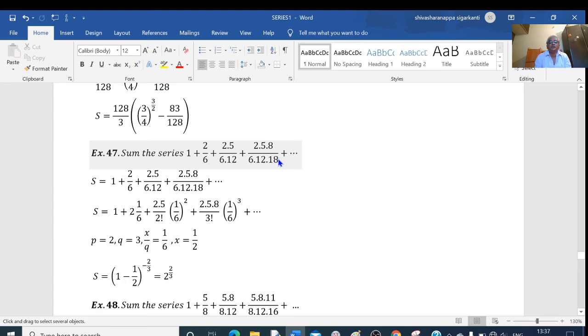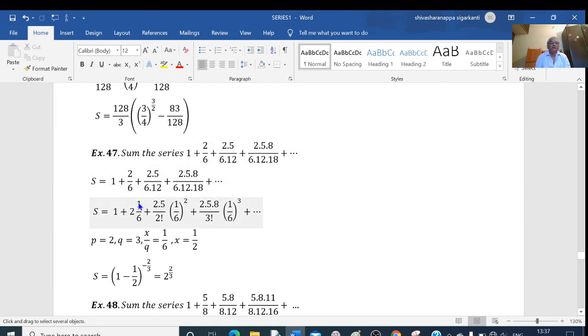I will write these 6, 12, 18 as 6 into 1, 6 into 2, 6 into 3. This can be written as 6 cube into 3 factorial. And this can be written as 6 into 1, 6 into 2, that means 2 factorial into 6 square. If I write like this, then what happens? Let me write S is equal to the given series, equal to 1 plus 2 by 6.